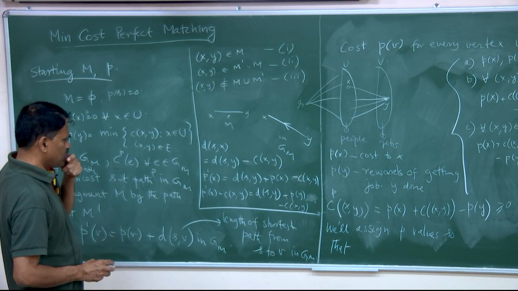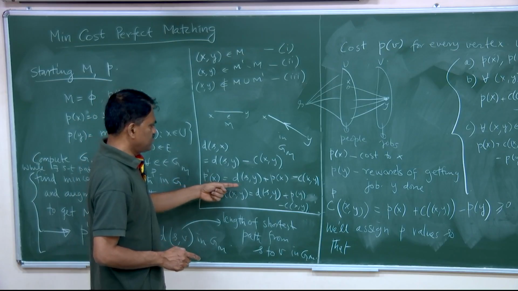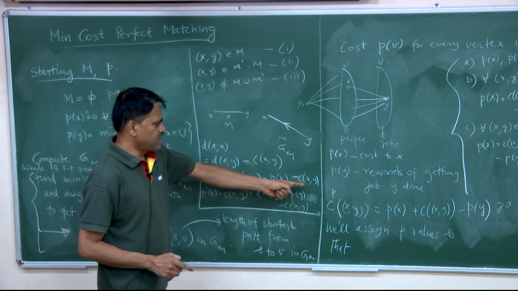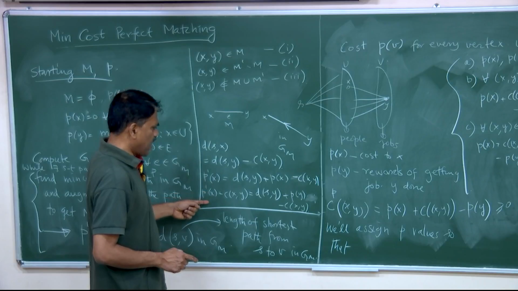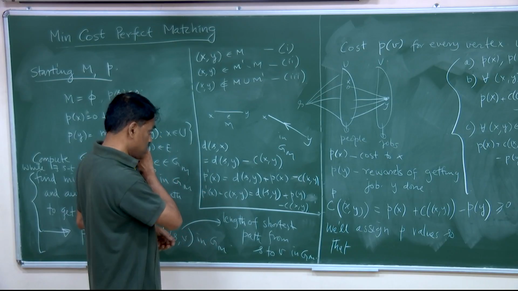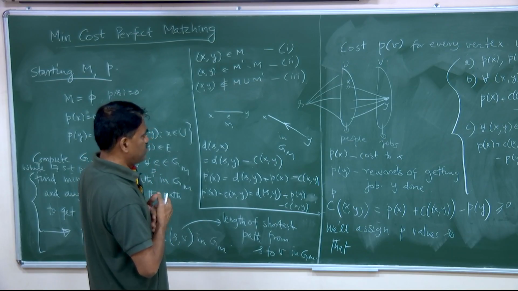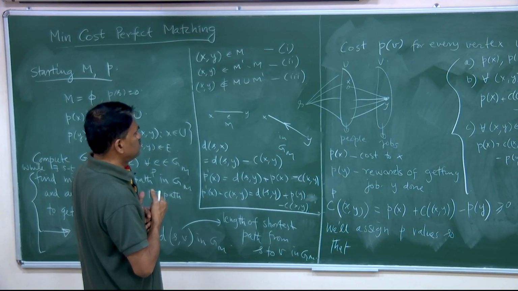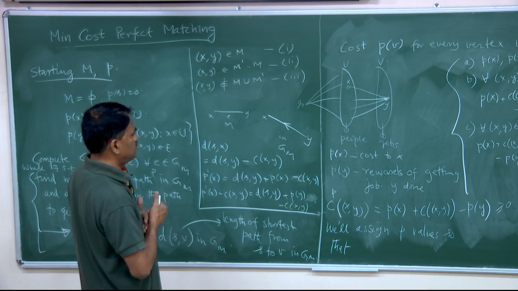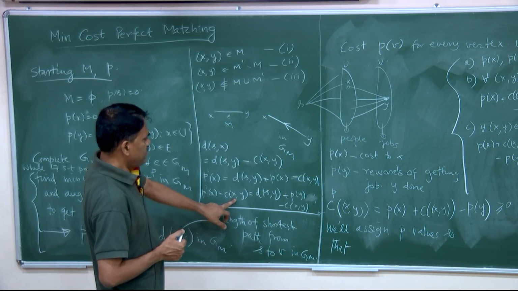So what did I do? P prime x is, I added px minus cxy. Now I add cxy because I really want to understand. Do I really want to? What do I want to understand? Yes, p prime x plus cxy is dsy.